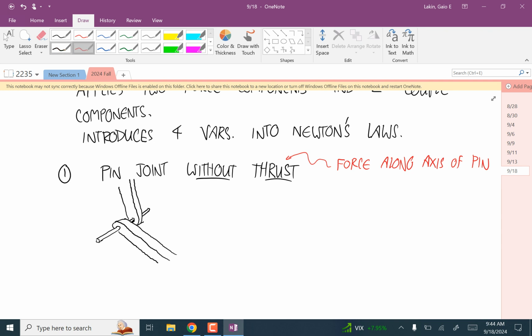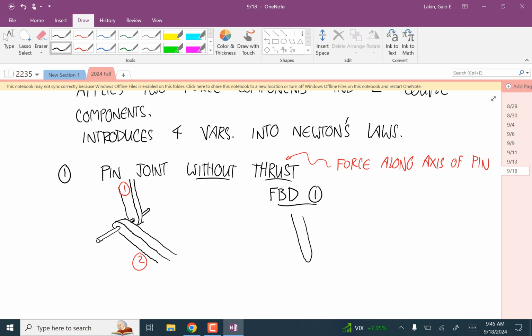And I'll call this body 1 and this body 2. And a free body diagram of body 1. Okay, let's think about how these motions are restricted. So that pin keeps this thing from moving up and down, right? So there's a force that's this way on that pin, and it keeps it from moving out and back.